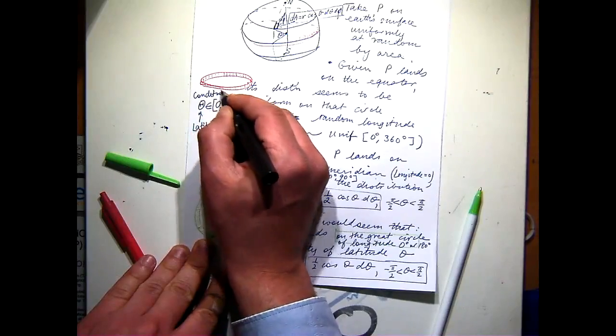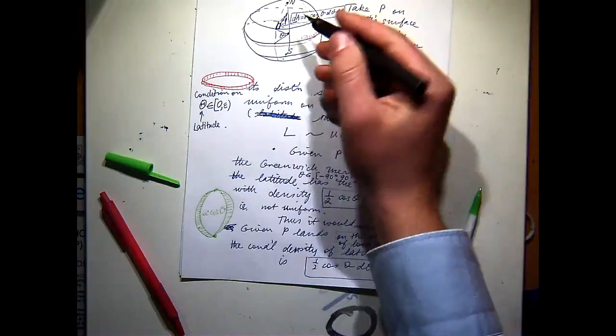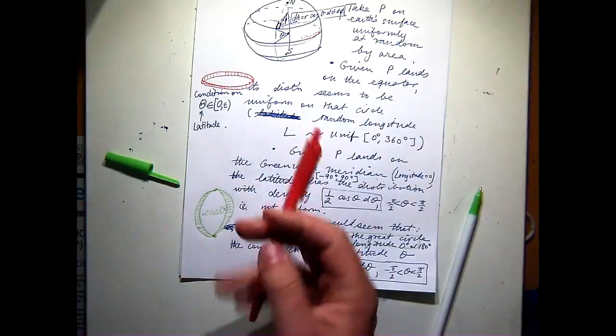And all of a sudden the paradox goes away if you think about, instead of conditioning on a point, conditioning on a very small interval. Think of a very small latitude from 0 to epsilon.